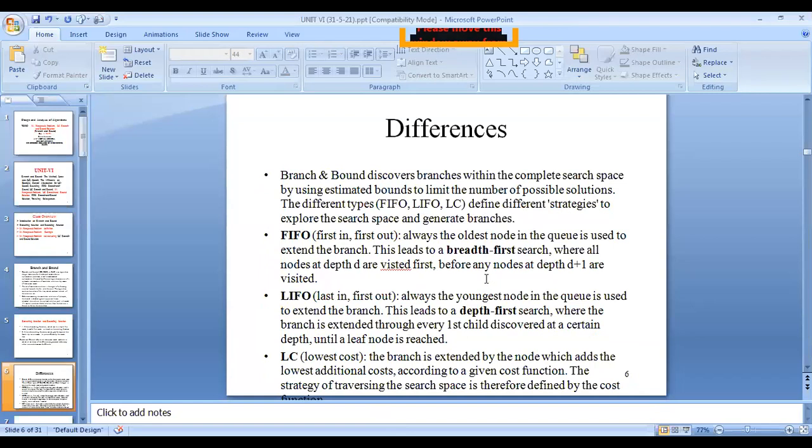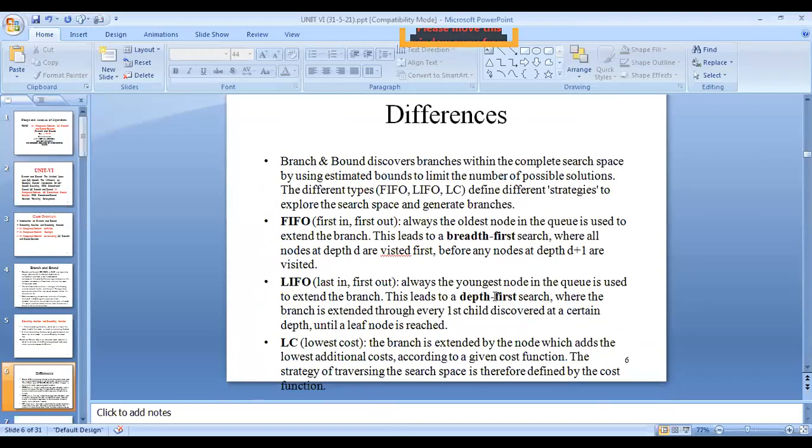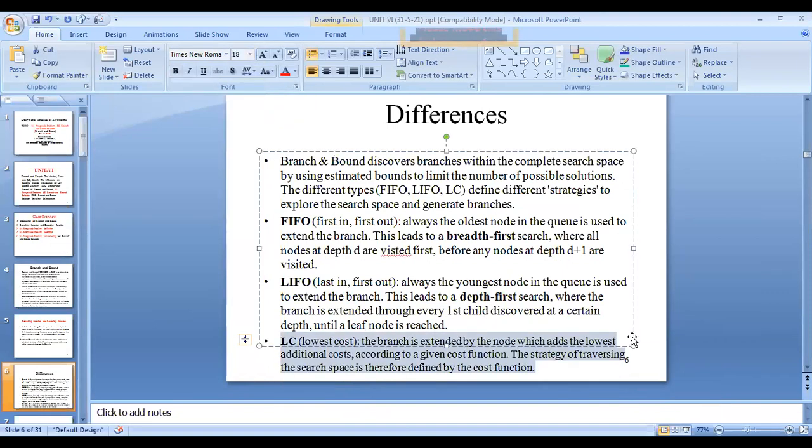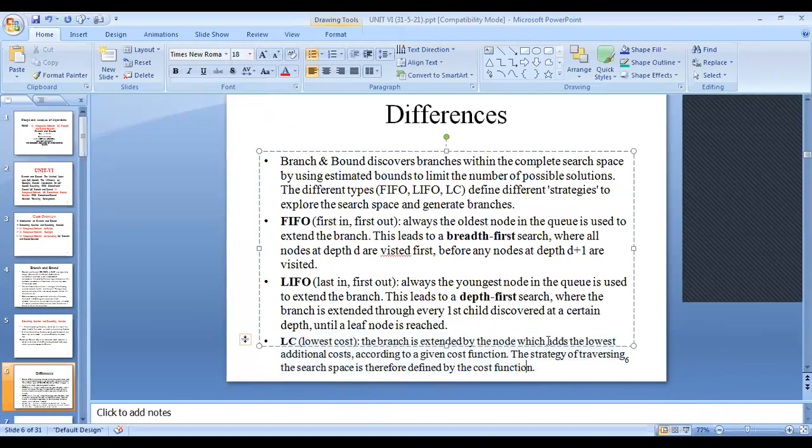The strategy of traversing the search space is therefore defined by the cost function. So it always considers the lowest cost node, and from that, it will extend.